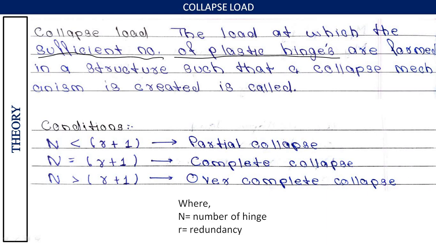Next, when the number of hinges is equal to redundancy plus 1, which is complete collapse. And the third condition, the number of hinges is greater than redundancy plus 1, which is over complete collapse. So these were the three conditions in the collapse load.